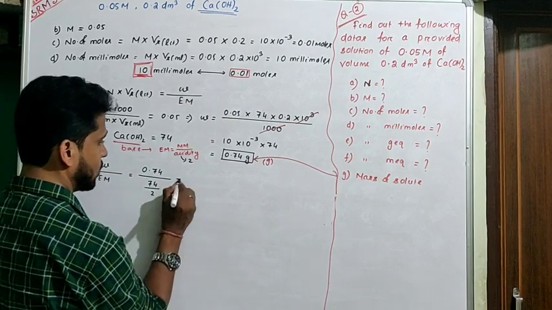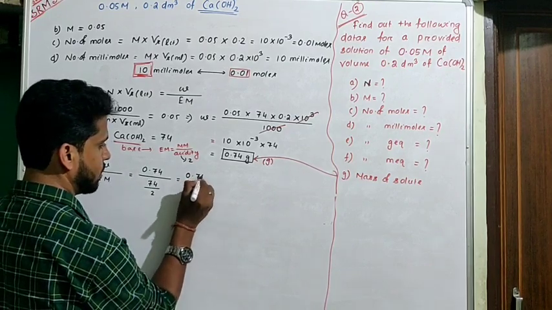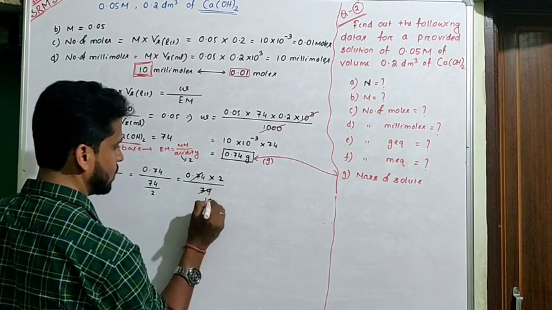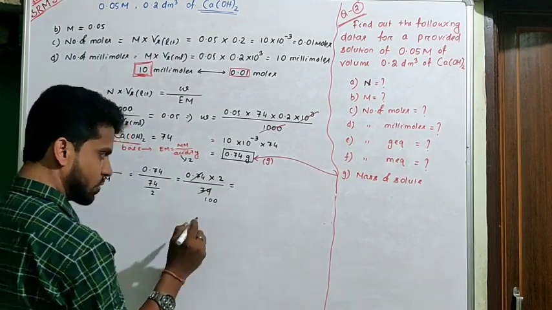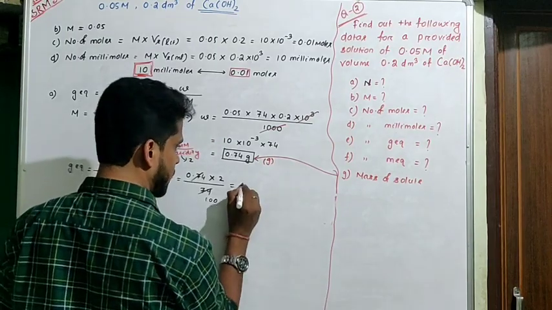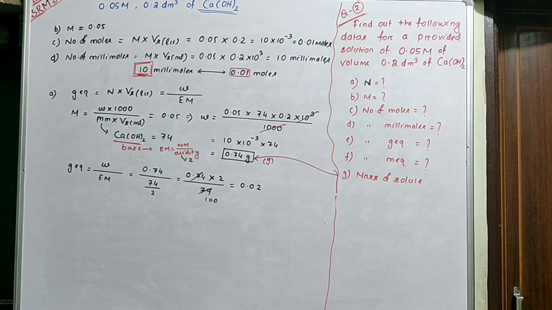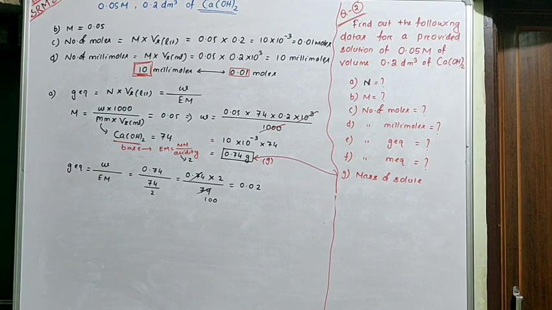That is 0.74 into 2 divided by 74, which is 100. 2 by 100 means 0.02 gram equivalents.